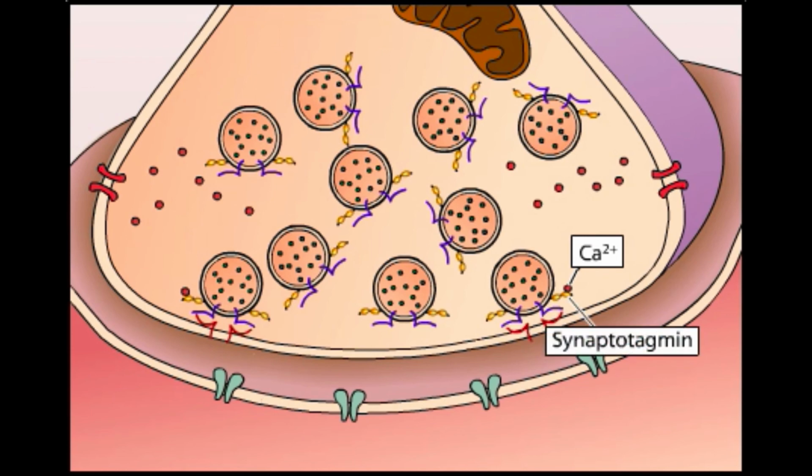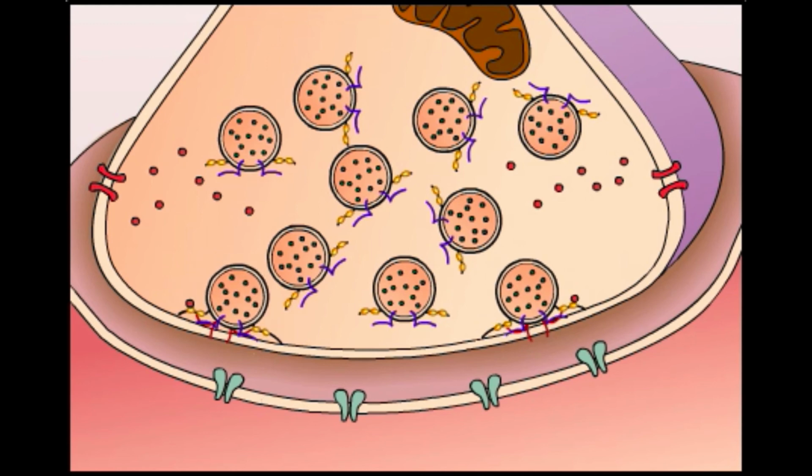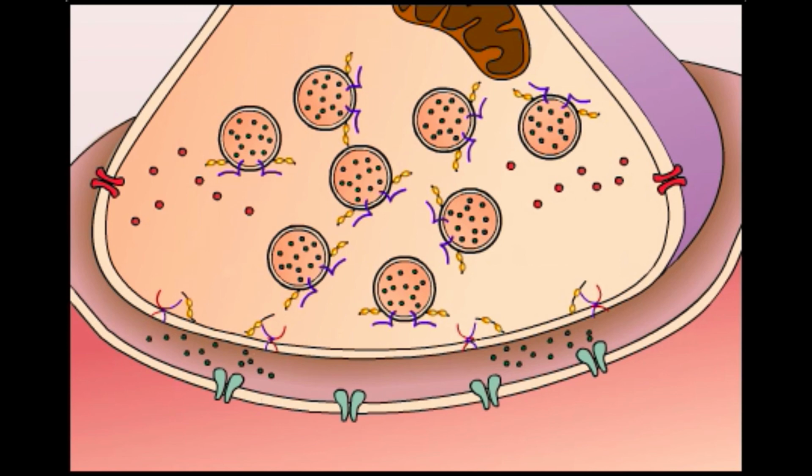When calcium binds to synaptotagmin on the synaptic vesicles nearest the active zone, the vesicles are drawn even closer to the presynaptic membrane. The vesicles fuse with the axon terminal membrane and release their transmitter cargo into the synaptic cleft. Some of the transmitter molecules bind to special receptor molecules in the postsynaptic membrane.